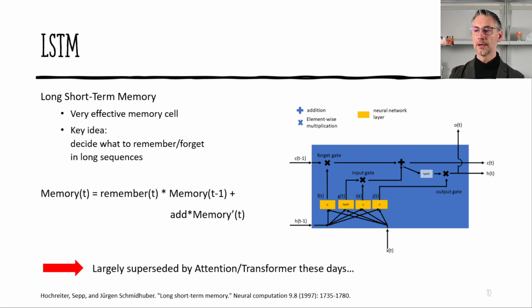And as you can see, this is one single cell in the sequence. You can see from the different functions and their combinations, the setup is fairly complex. However, it turns out that such a setup is quite effective in learning long sequences. On the other hand, the whole approach is largely superseded by attention transformers these days, but this network architecture and the way of dealing with this lay the groundwork for building on those.